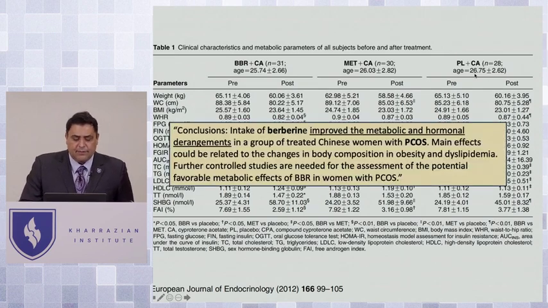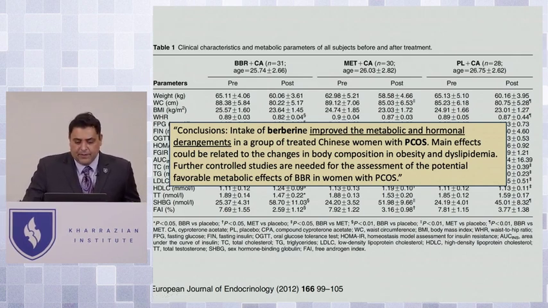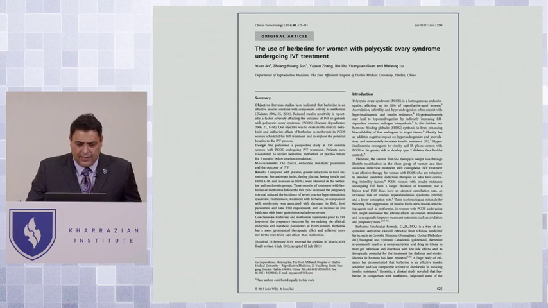So conclusion, intake of berberine improved the metabolic and hormonal derangements in Chinese women with PCOS. Main effects could be related to changes in body composition, obesity, dyslipidemia. Further controlled studies are needed for the assessment of potential favorable metabolic effects of berberine in women with PCOS. So berberine is really the most important botanical when you're looking at PCOS.